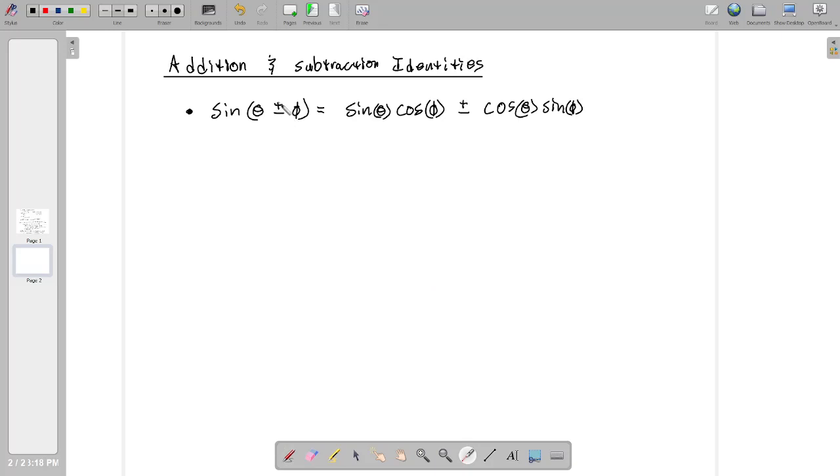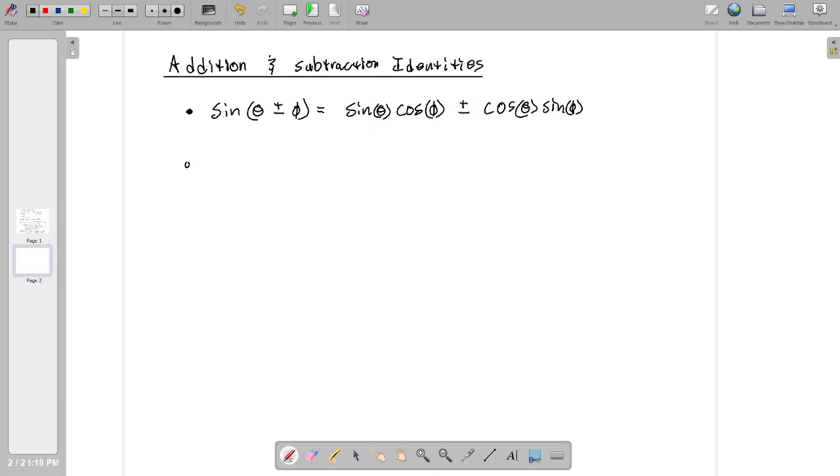Now I need to note, plus goes with plus, minus goes with minus when we're doing the sine addition and subtraction angles. So if it's sine theta plus phi, then we get a plus here. If it's sine theta minus phi, we get a minus here.